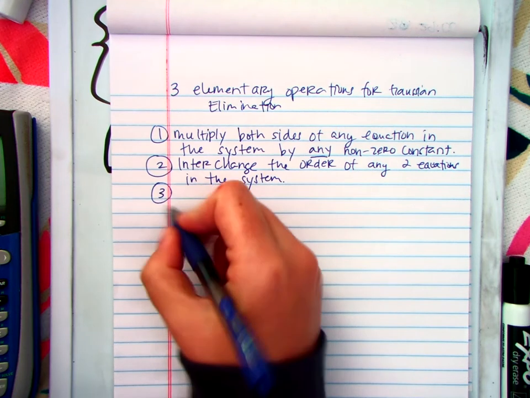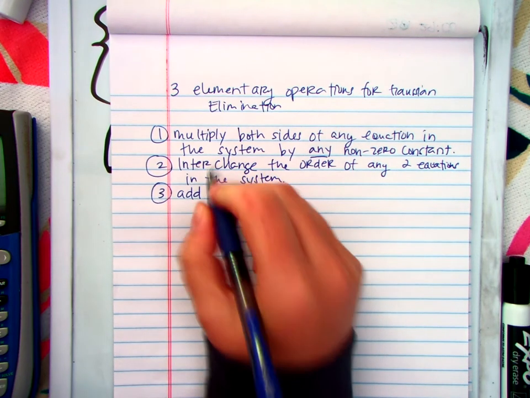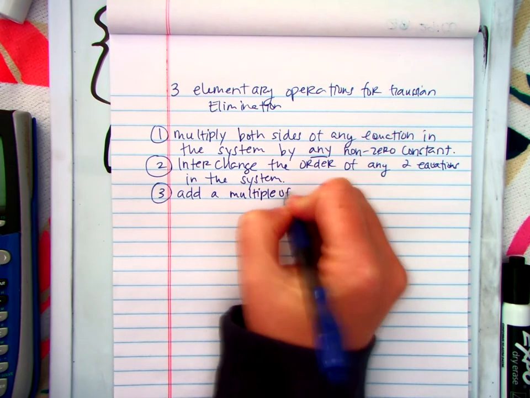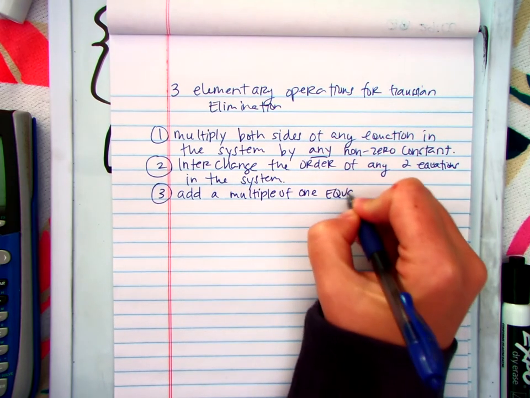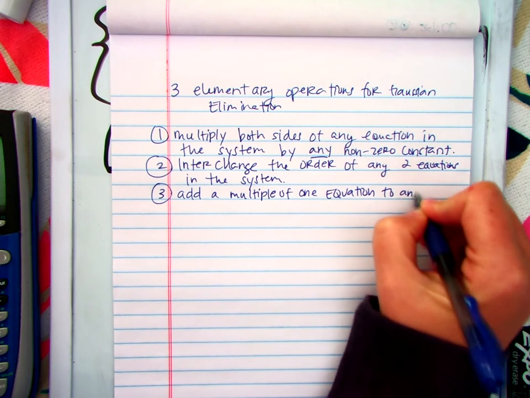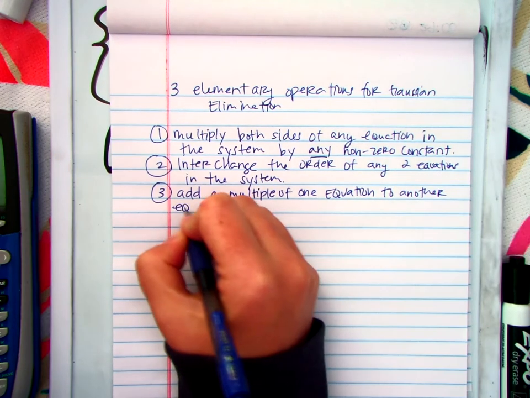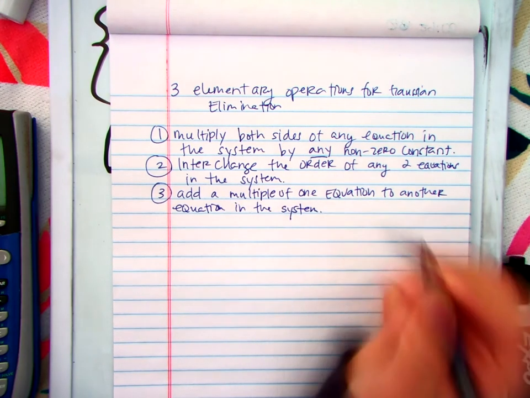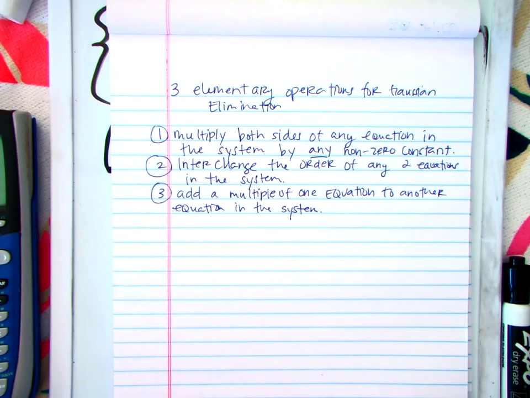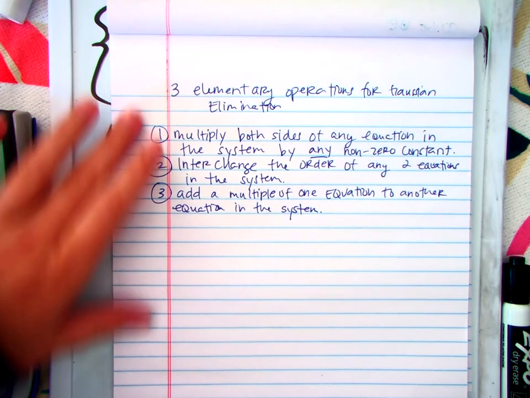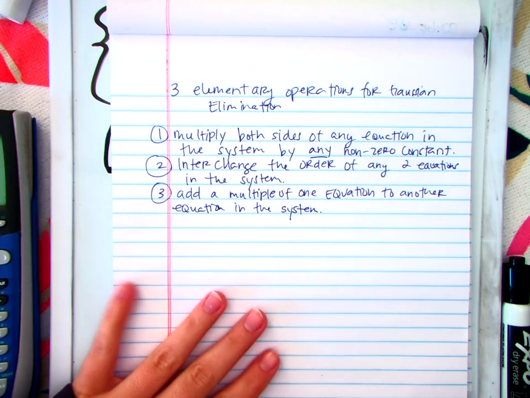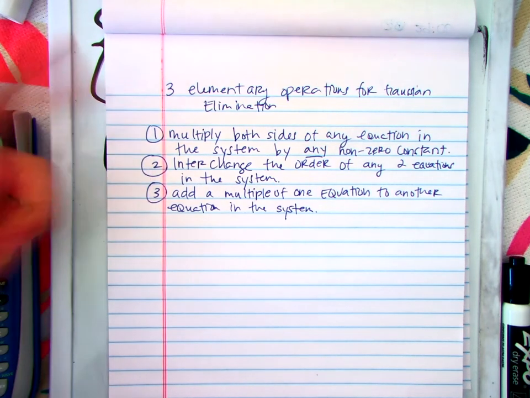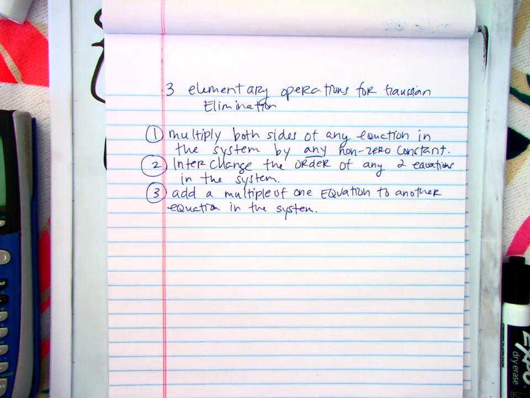And finally, you're allowed to add any multiple of one equation to another equation in the system. So these rules are very similar to the rules that you use with a two-equation system. The only thing that's different maybe is interchanging the order, right? Because now we have three equations, so it may be better to group equation 1 and 3 together instead of 1 and 2.